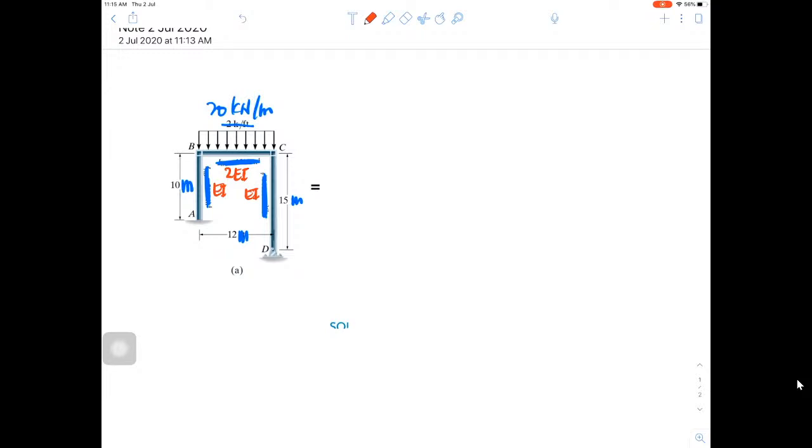The UDL of 20 kilonewton per meter is applied along BC. It has a fixed support at A and a pin support at D. We will analyze this using moment distribution method.